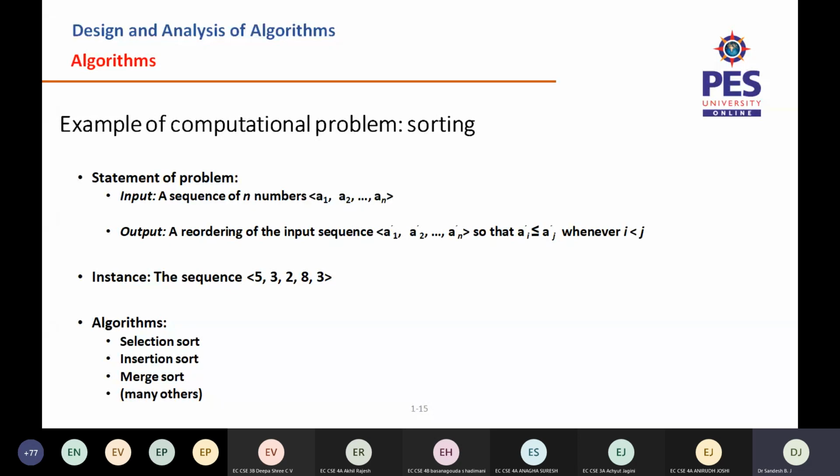If given a new problem, you will be able to comprehend the techniques you have learned, apply these design strategies, and come up with a good algorithm for an unseen problem given to you in future. So this is one such example.